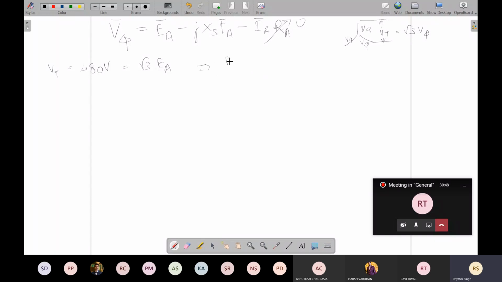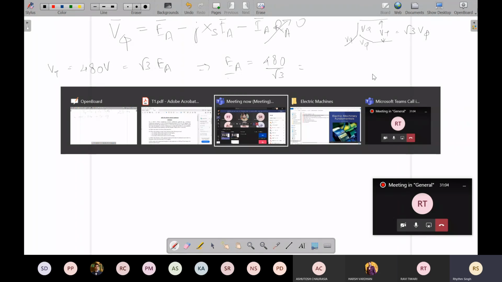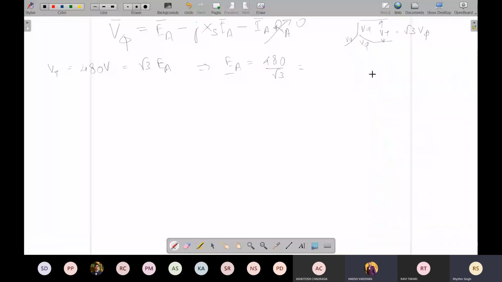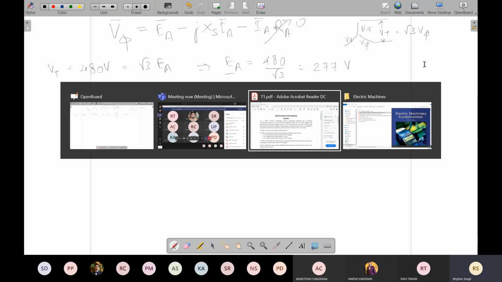So this implies that your EA is equal to 480 by √3. How much is the value? 277.128. Okay, so for simplicity, I'm just taking 277 volts. You can take 277.12 also, that's okay. So just rounding off, I'm writing here 277 volts.